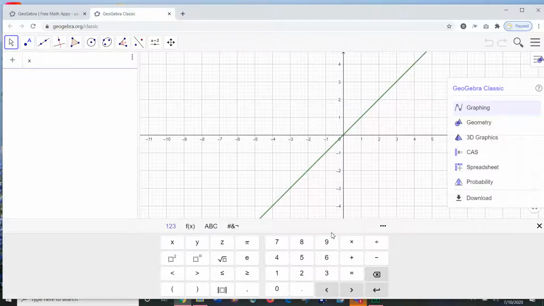Now, how would we describe this graph? Well, it starts in the bottom left quadrant, which we call the third quadrant. It passes through the origin, which is point 0, 0, and it continues in a straight line into the first quadrant.